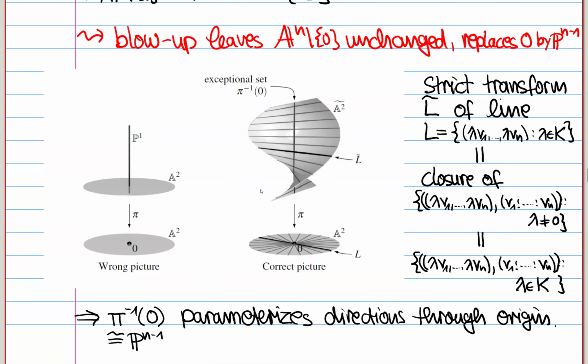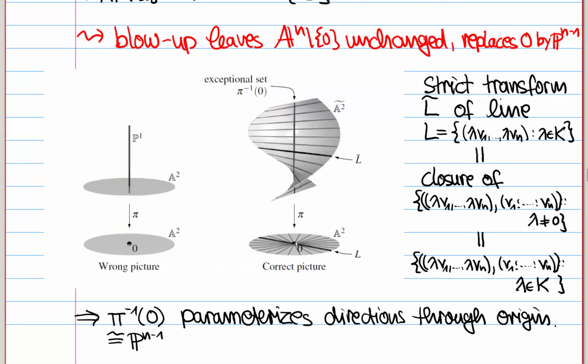And it's exactly the P^1 which parametrizes all of these directions to the origin. And that picture generalizes: if you have A^n here, then this sits inside A^n × P^(n-1). And this exceptional fiber, P^(n-1), then exactly parametrizes all the possible choices of lines through the origin inside A^n.